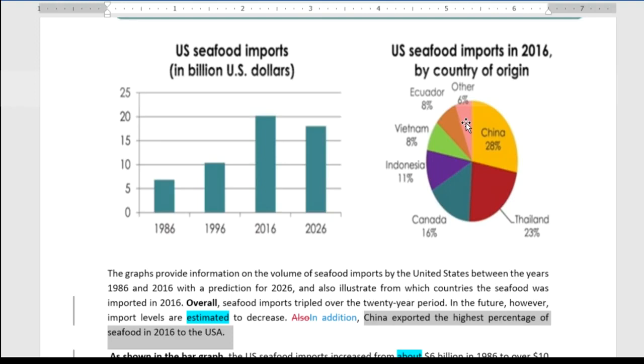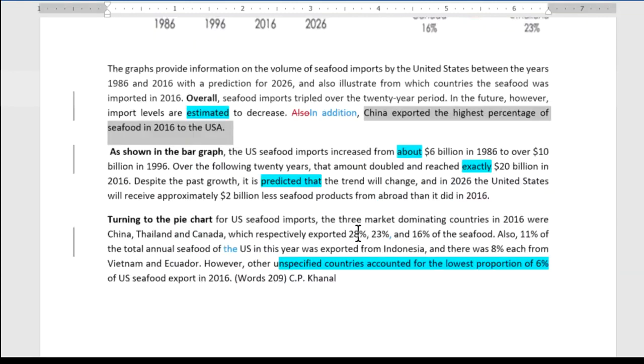Perhaps we can say this is one slice. All the other countries are one slice. And if you don't word it correctly, it could sound like it's a few slices. It's referring to a few slices. So let's see how the candidate refers to it. However, other unspecified countries accounted for the lowest proportion. So that's really good. Again, a lot of it's to do with the language. The language is important.